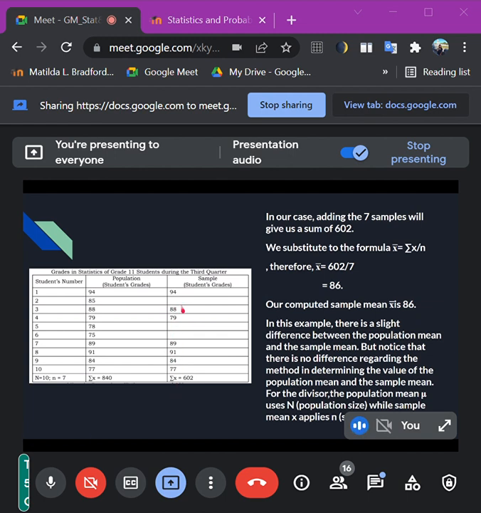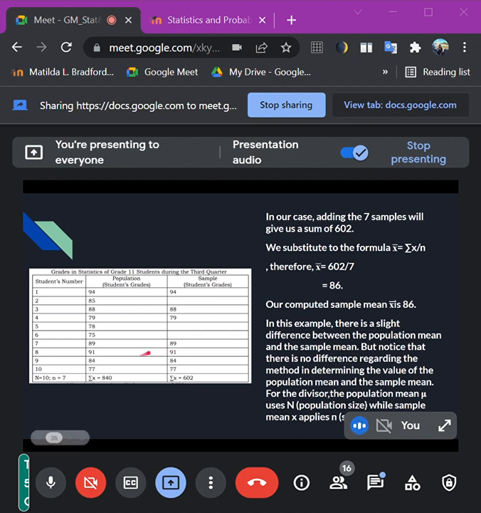So, 94, 88, 79, 89, 91, 84, 77. So, that is 602. And then, divide with the sample size, which is n, 7. So, 602 divided by 7, that is 86.